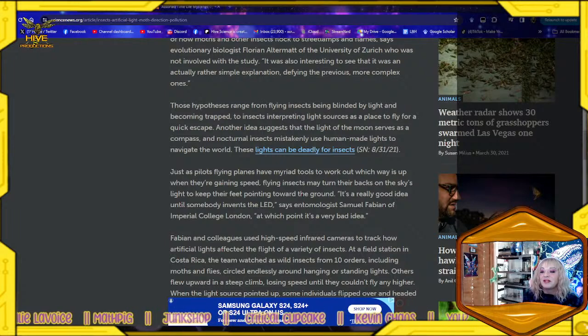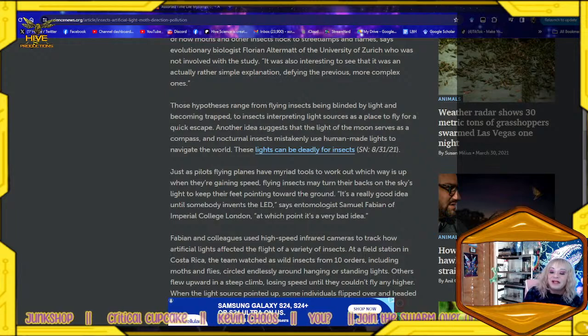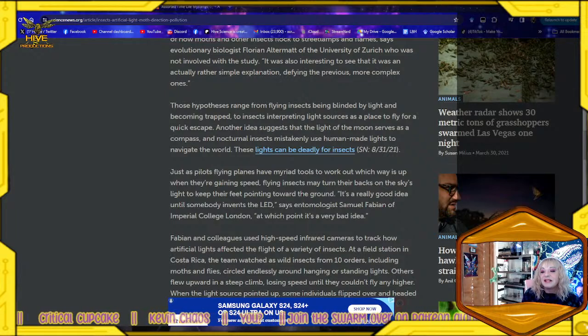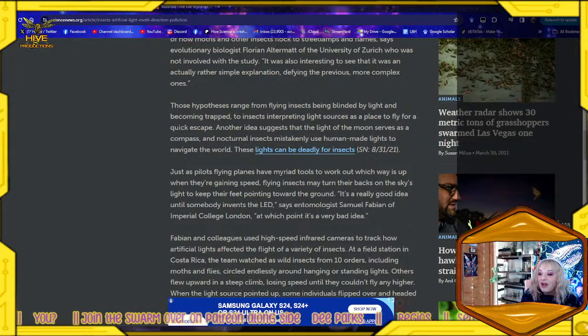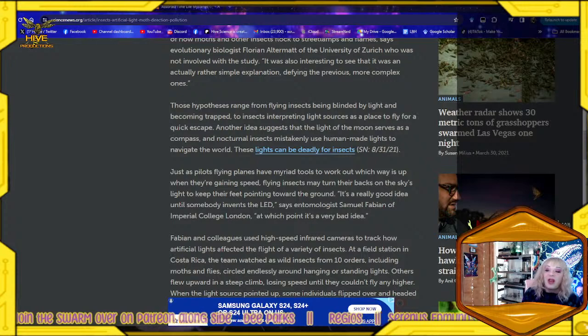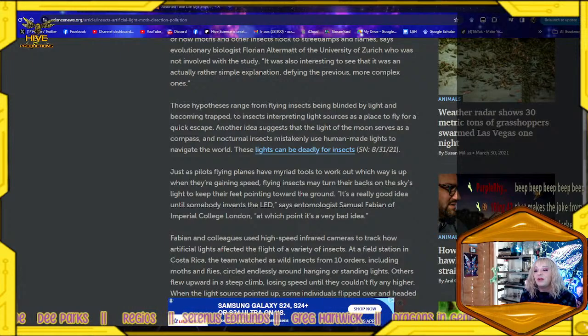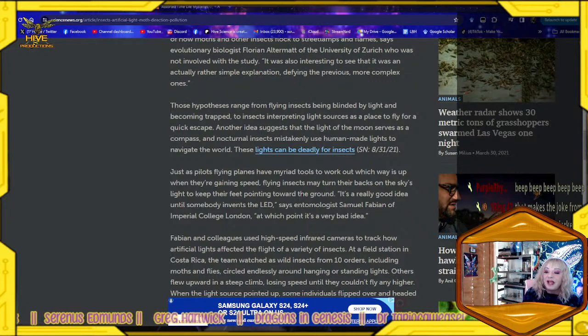Those hypotheses range from flying insects being blinded by light and becoming trapped, to insects interpreting light sources as a place to fly for quick escape. Another idea suggests that the light of the moon serves as a compass, and nocturnal insects mistakenly use human-made lights to navigate the world. These lights can be deadly to insects.